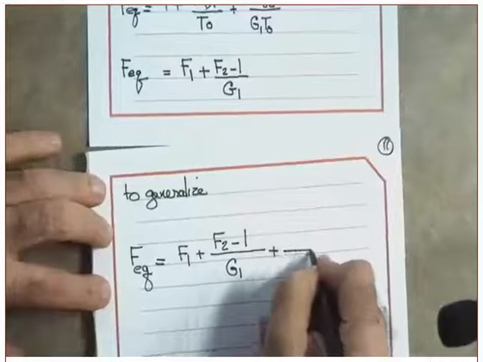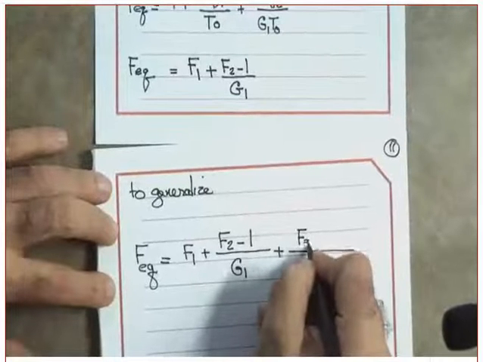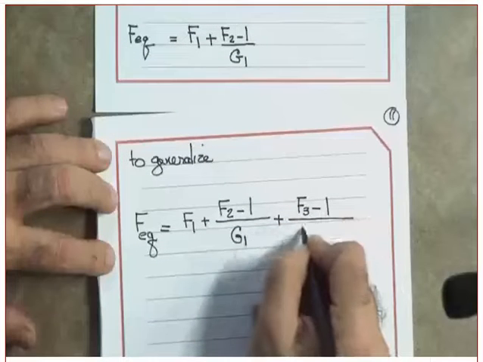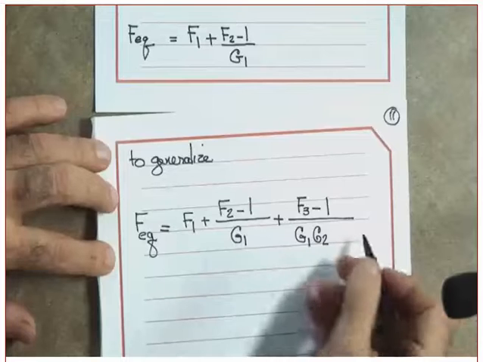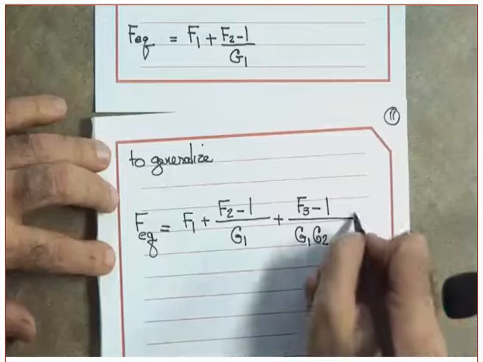Next one: F3 minus 1 over what? Do I need to continue or did you get the idea?